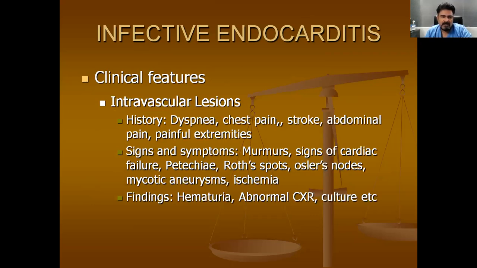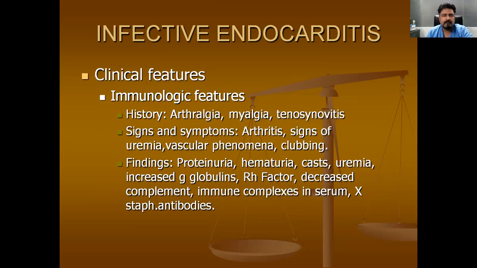In intravascular lesions, history is dyspnea, chest pain, stroke, abdominal pain, painful extremities. Signs and symptoms are murmurs, signs of cardiac failure, petechiae, Osler nodes, mycotic aneurysms, ischemias. Findings are hematuria, abnormal chest X-ray, and culture, etc. For the immunological features, there is a history of arthralgia, myalgia, or tenosynovitis.